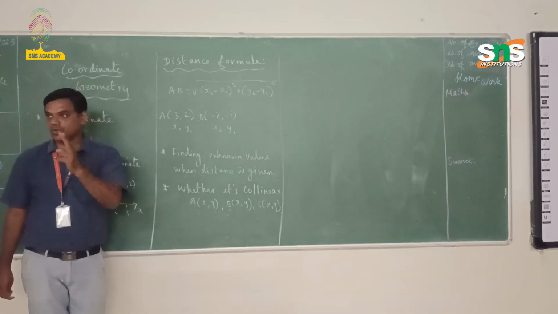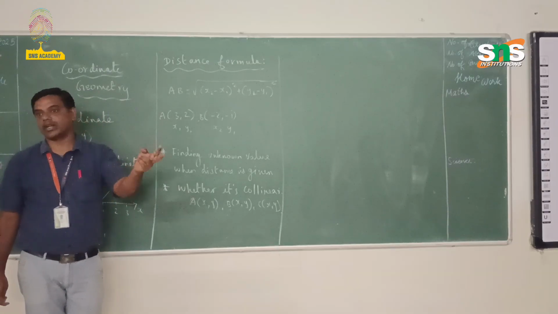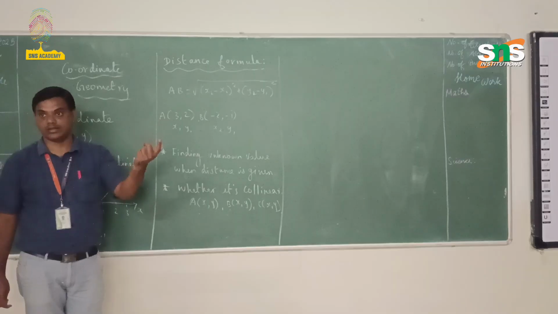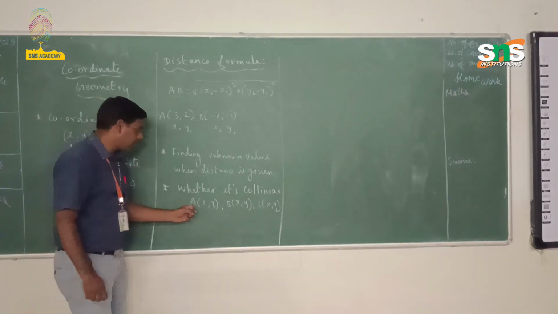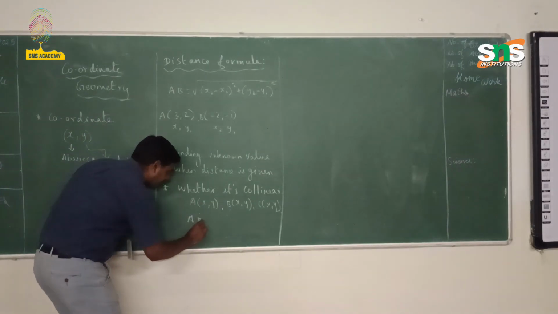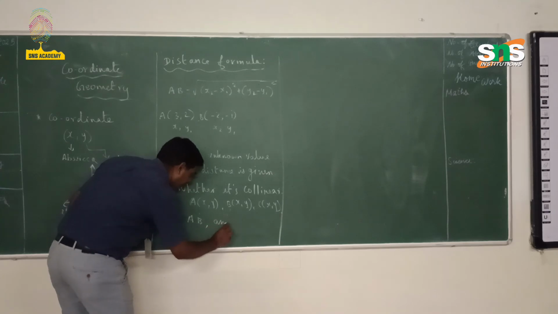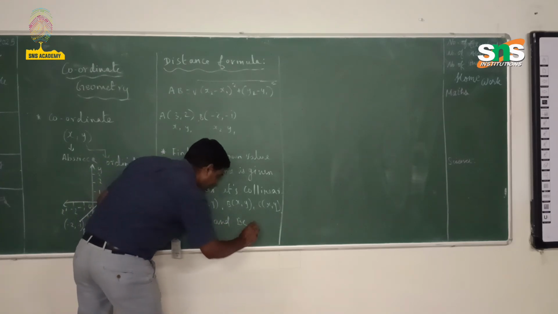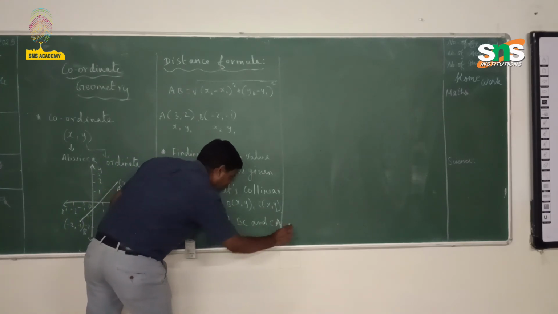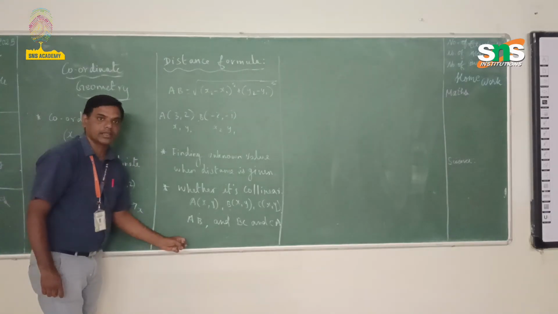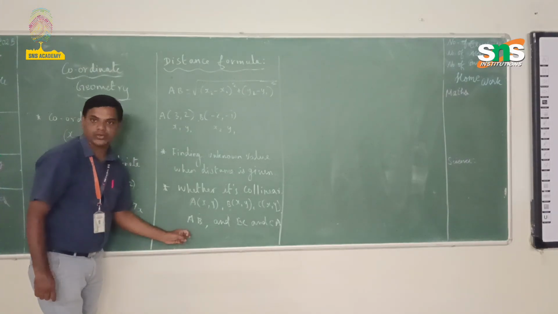So when you add the two sides' distances, it should be equal to the greater side distance. That means you will find AB, BC and CA, all three, and after finding these, we compare the values.